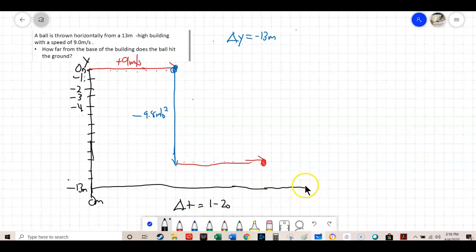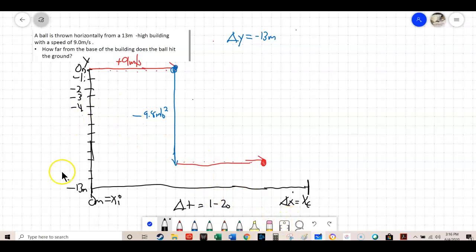It's probably going to hit the ground over here somewhere. Its final position is basically delta x in the x direction. If this is the initial position, then its final position here, x final, is the delta x.